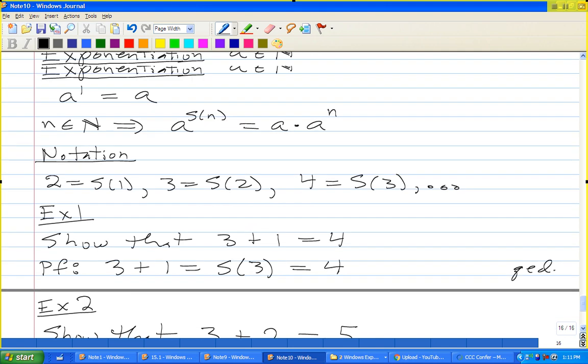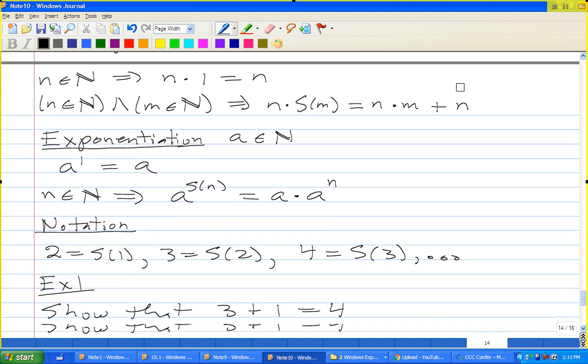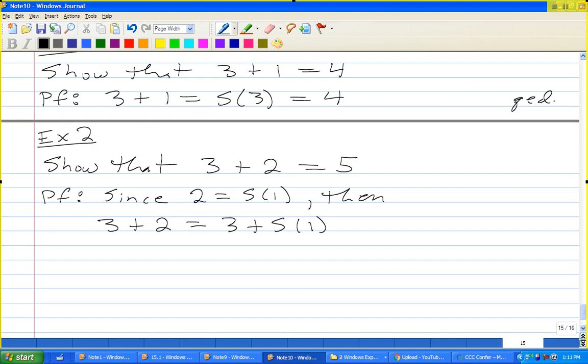But, well, we've shown that n plus the successor of m is the successor of n plus m. And so this is the same as the successor of 3 plus 1.